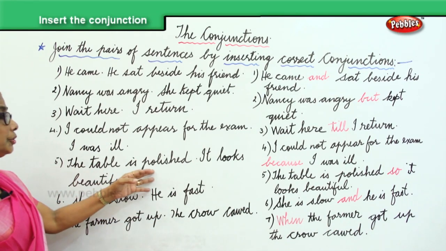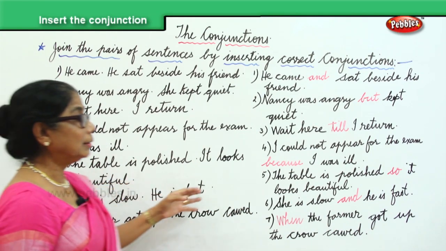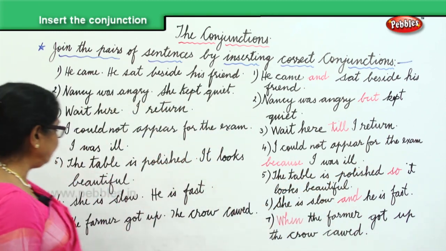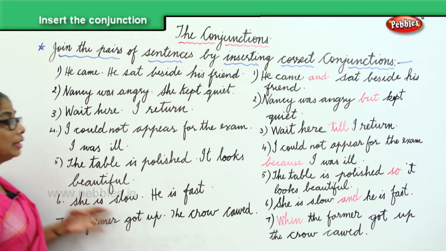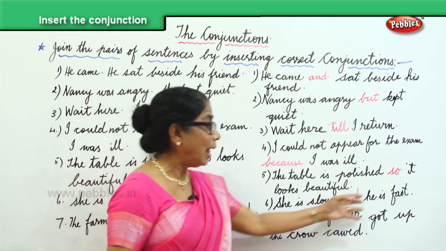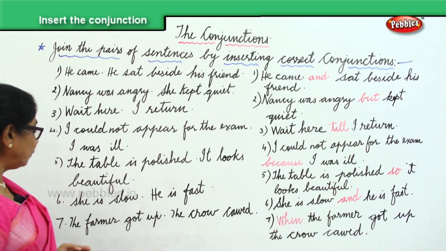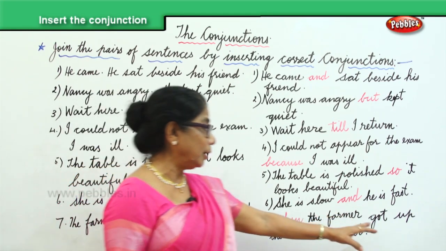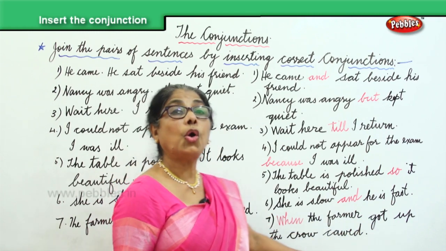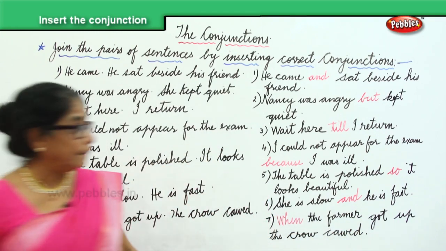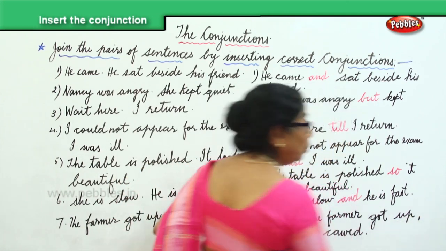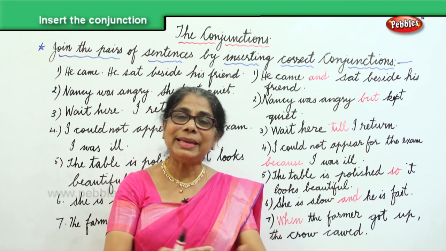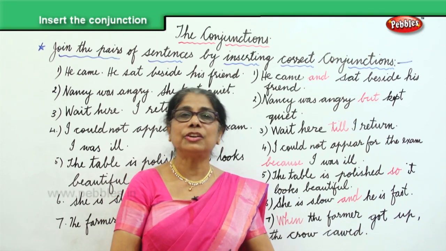The table is polished. It looks beautiful. The table is polished, so it looks beautiful. She is slow. He is fast. She is slow and he is fast. The farmer got up. The crow cawed. When the farmer got up, the crow cawed. So we learned to join the two sentences by inserting the correct conjunctions.